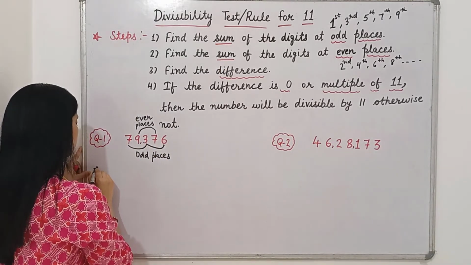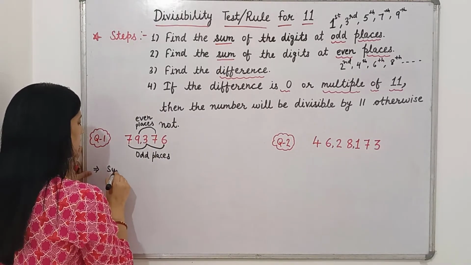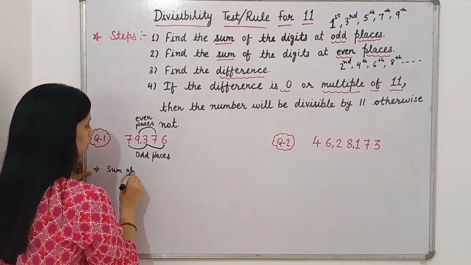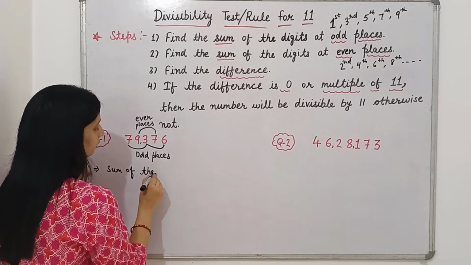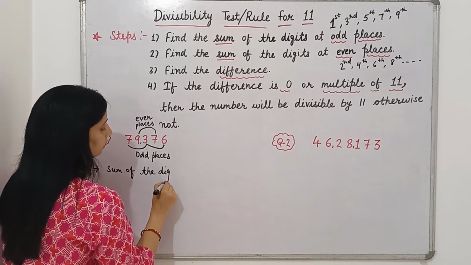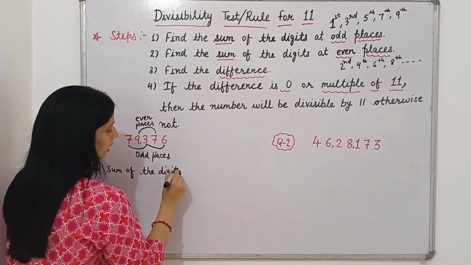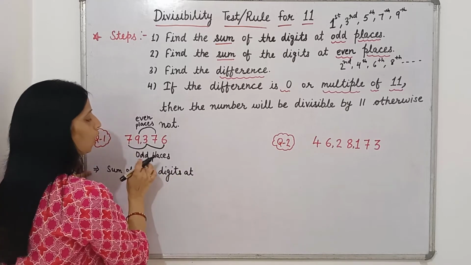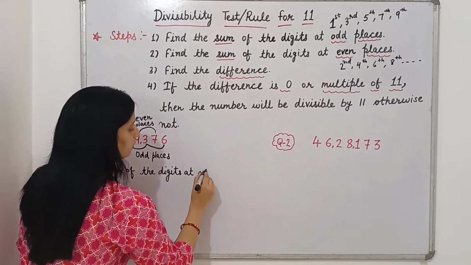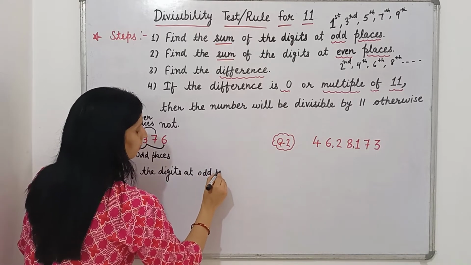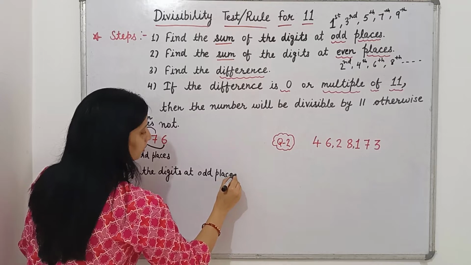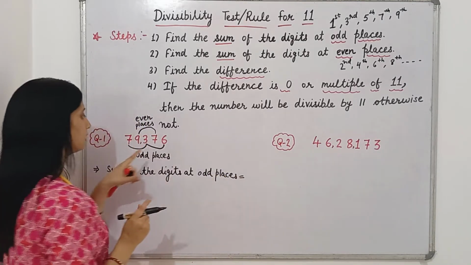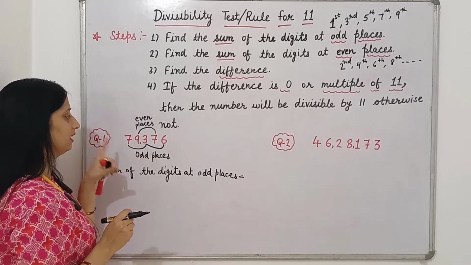So let's start. Write sum of the digits at odd places. At odd places, what are the digits? 6, 3 and 7.